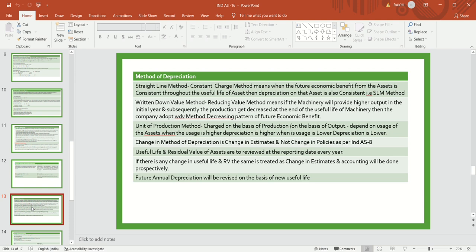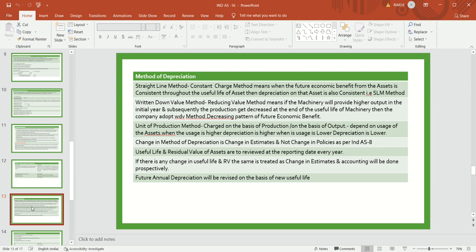If there is any change in the useful life of the asset, suppose the company has charged depreciation on a particular asset for 3 years. After 3 years, the company decides to change the useful life of the asset. Previously the useful life of the asset was 10 years, but after 3 years the company decided that the depreciation will be charged only for the remaining 3 years, not on the 10 years.